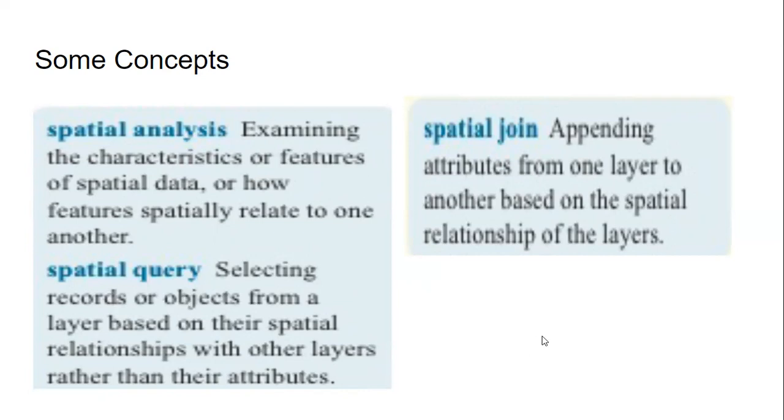Another one is spatial join, where you join two layers together according to spatial conditions, appending attributes from one layer to another layer based on the spatial relationship of the layers.